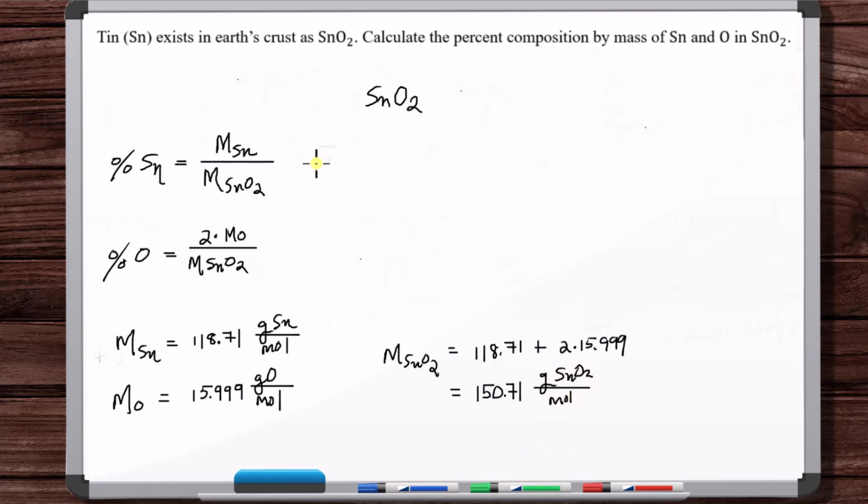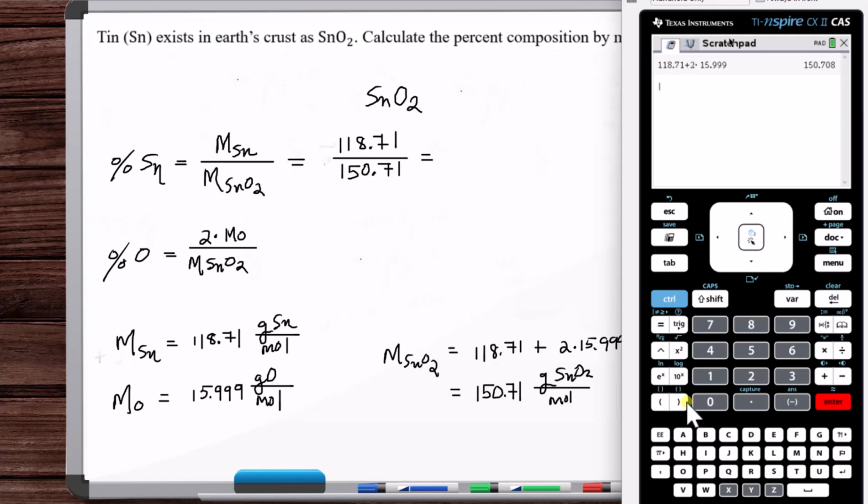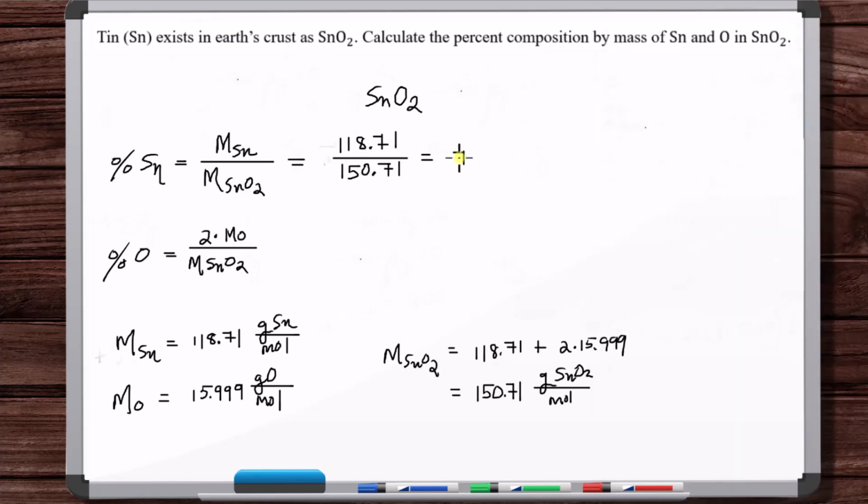All right, so the percent composition by mass of tin is, and I'm not going to write out the units, I showed you how the units work, over the molar mass of SnO2, and then we'll multiply by 100 and add the percent. So 78.8%.